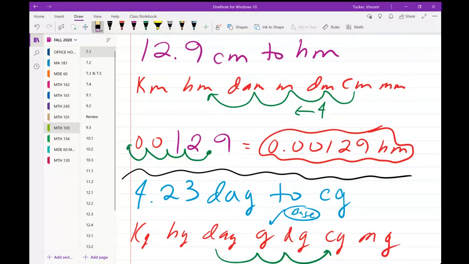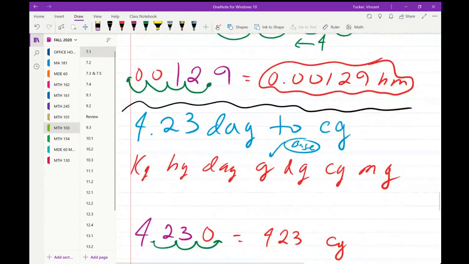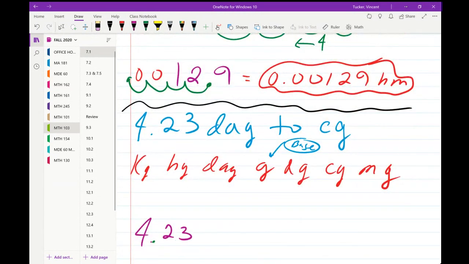All right. So the next one, 4.23 decagrams to centigrams. Let me erase a few things, and we can walk through it as always. Here we're looking at 4.23 decagrams.